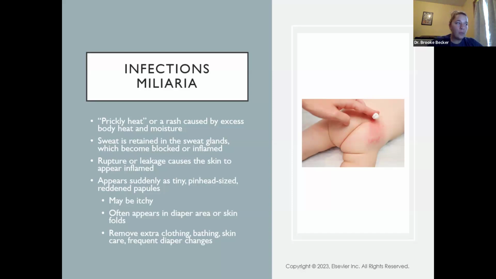And then they're going to be tiny little pin sized, red raised bumps, which are papules, okay? Might be itchy, might not. A lot of times, like I said, skin folds, diaper area. So making sure that those kiddos don't have too many layers on.